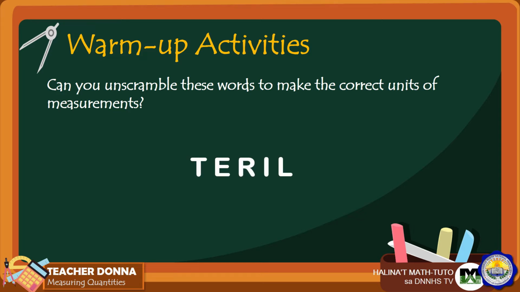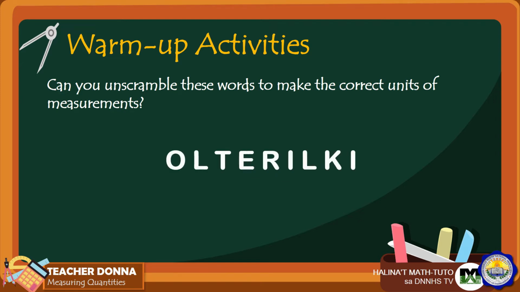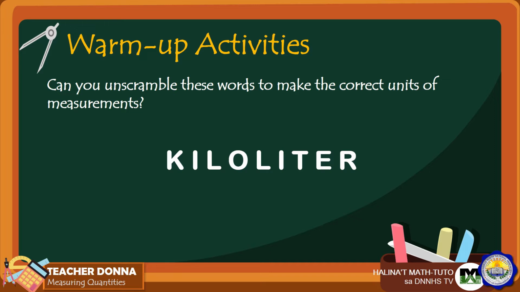Next, we have letter T, letter E, letter R, I, and L. Okay, very good. So we have formed the word liter. How about the next one? We have O, N, T, E, R, I, L, K, I. Yes, so we have formed the word kiloliter.